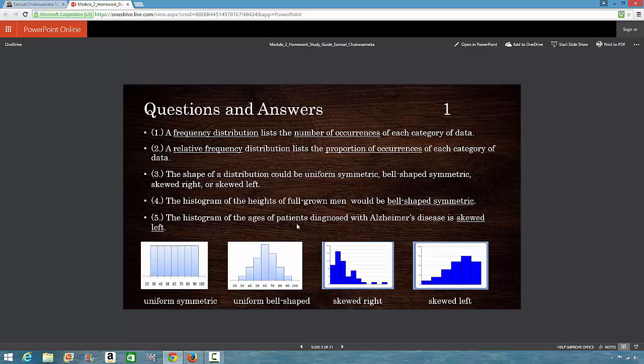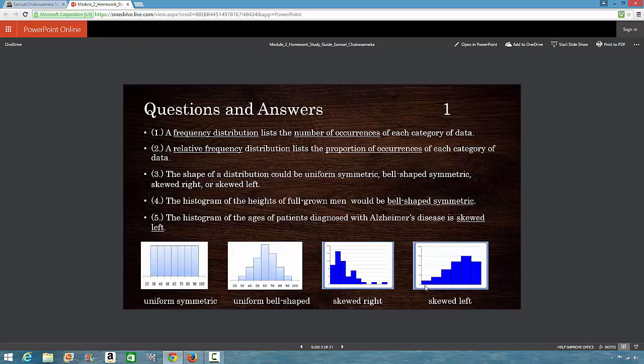If you look at the ages of patients diagnosed with Alzheimer's disease, it is something like skewed left. The Alzheimer's disease is towards, as somebody gets older, you don't often see Alzheimer's disease in young people.